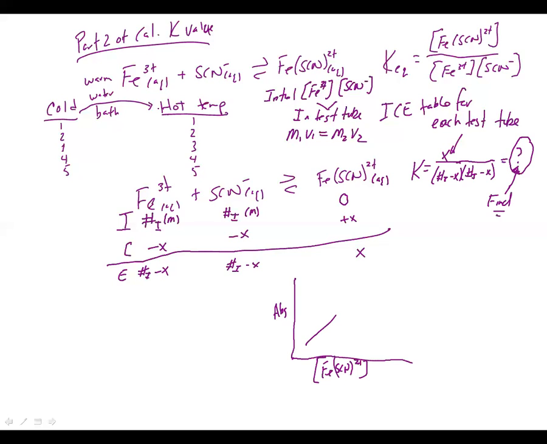And again, you're going to have your slope, right, which equals Beer's constant. So again, we did this for both the hot and the cold. So for the cold as well, you'll have all these absorbance values for these different test tubes. You'll have absorbance values for each of those. So what you would then need to do is use Beer's law.